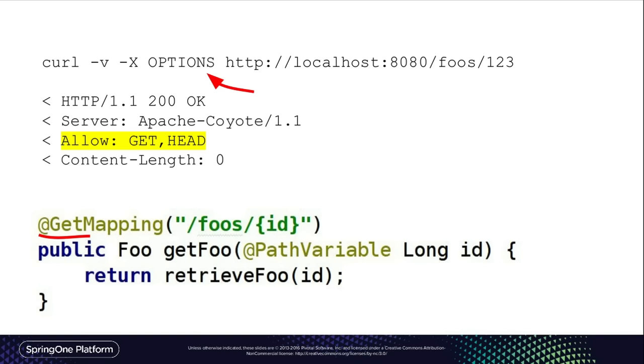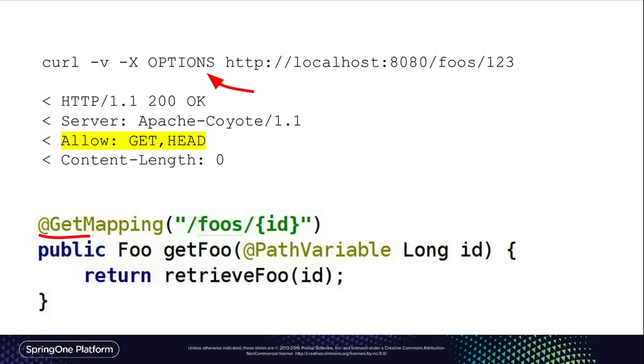Here's an example with HTTP options. This is going at a particular URL. So what we do in Spring MVC now is that we handle HTTP options. We have built-in support for that.